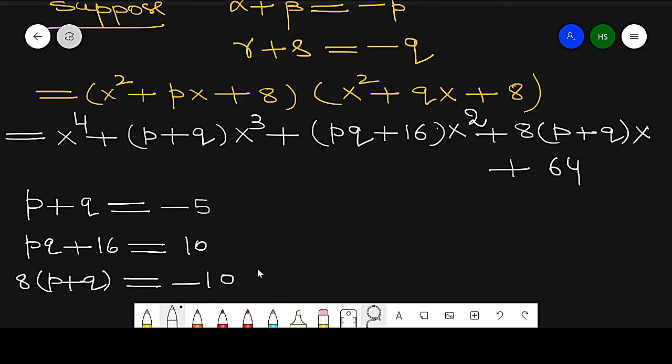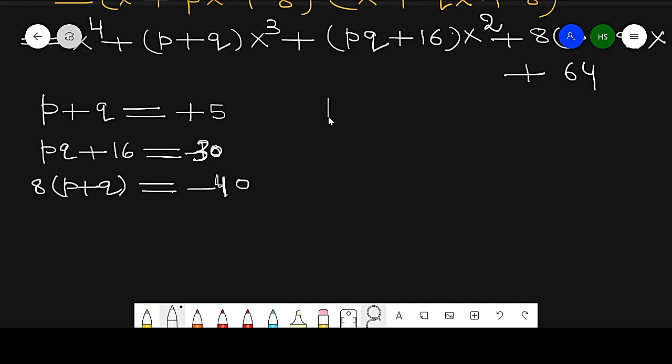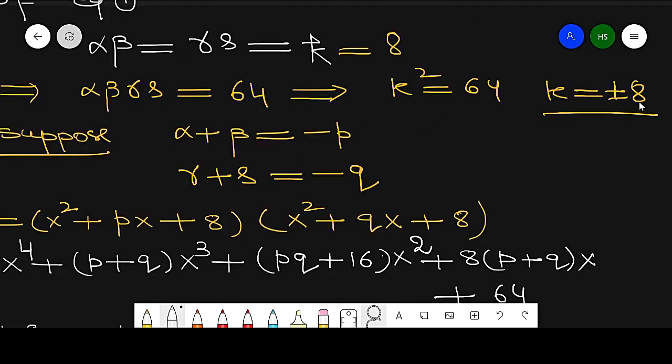Now what is the value of k? If k is +8 or k is -8, we have two sets of values.